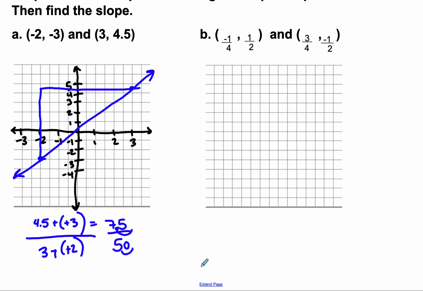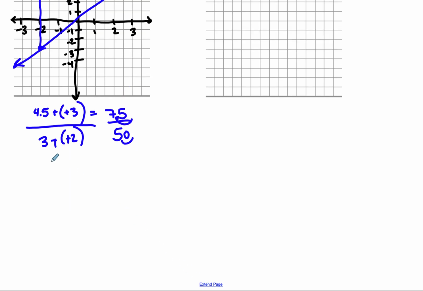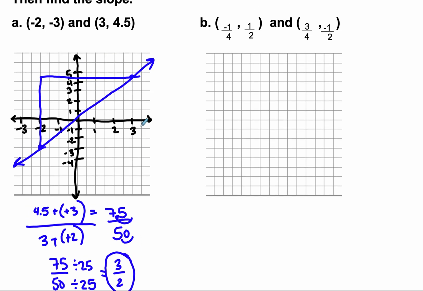I no longer have a decimal, but I do still need to simplify it. I can do that by dividing by 25. 75 divided by 25 is 3. 50 divided by 25 is 2. 3 over 2, I'm not going to make it a mixed number unless it's a story problem situation. So 3/2 is my slope on this one.